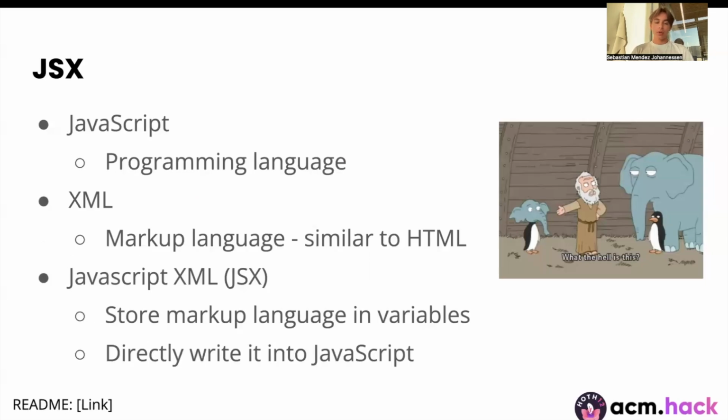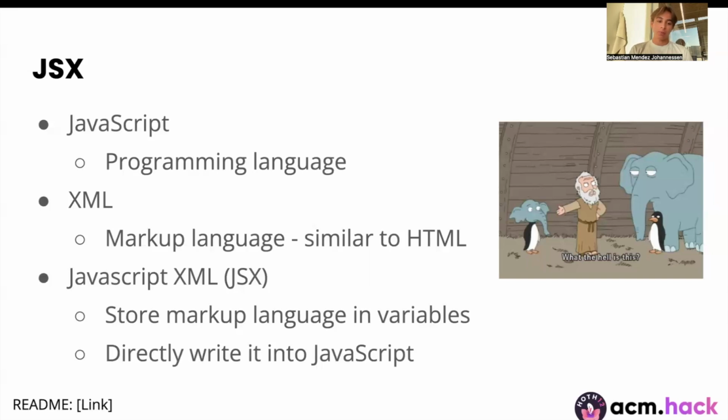So before we go into the specific core components, I'm just going to give a brief introduction to JSX, which is the programming language we're going to be using in React Native. JSX is a combination of JavaScript, which is a programming language you might be familiar with, and XML, which is a markup language very similar to HTML.